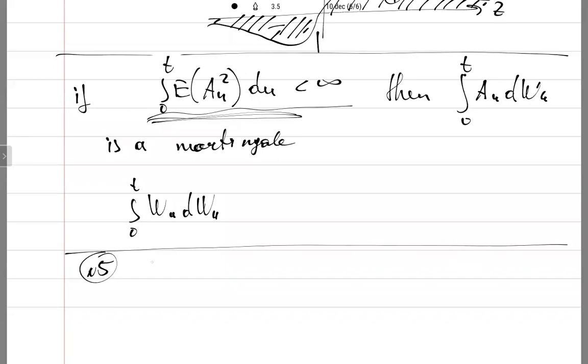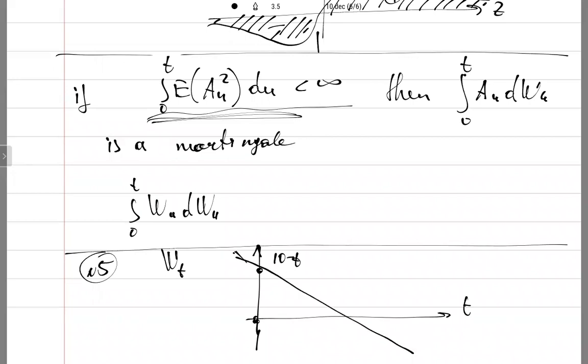So we have a Wiener process W_t, and we have a line 10 minus t. This line goes like that. We are interested in a first moment, so it's number 5 from past exam.